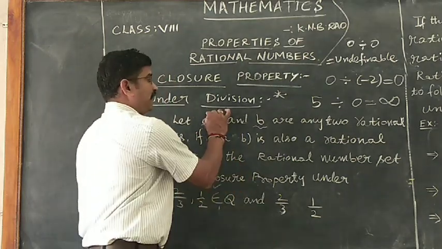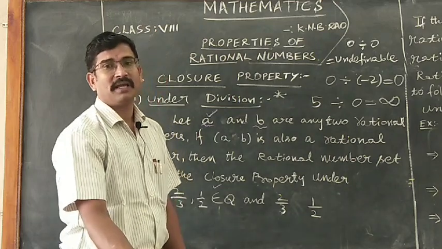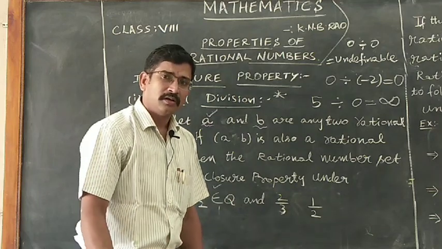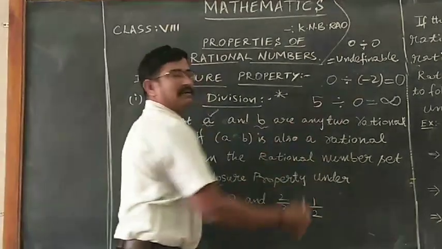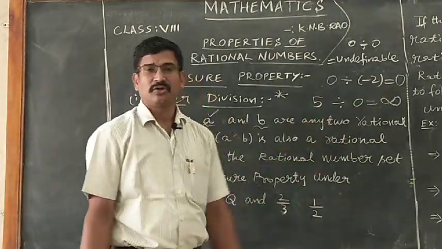See, if I take A as 0, then A by B gives me 0. Is 0 again a rational number? Yes, obviously. So, 0 upon any number gives us 0, where 0 is again a rational number.